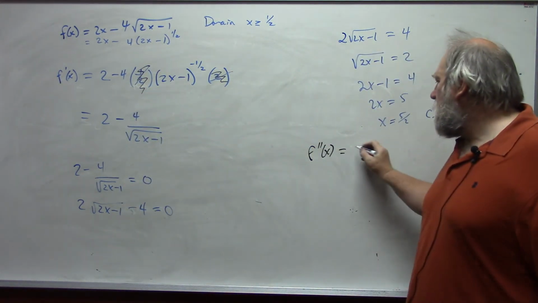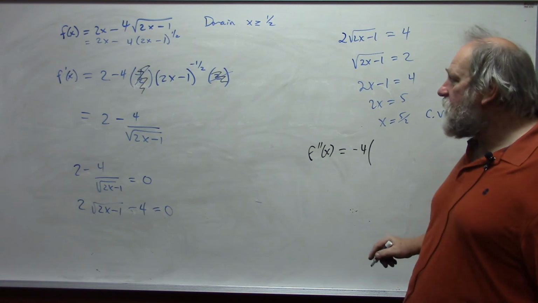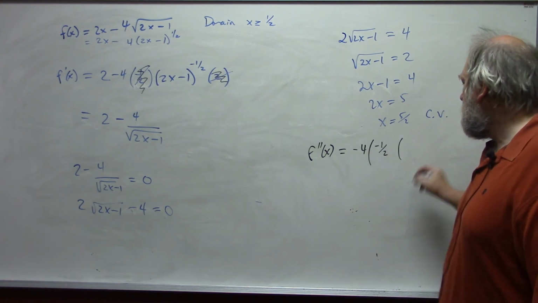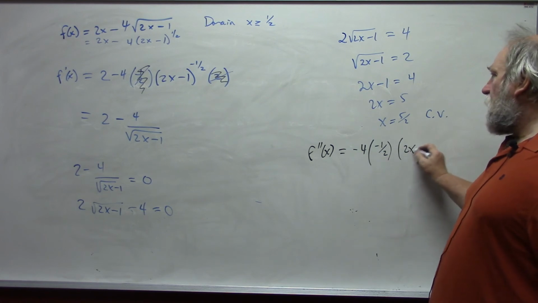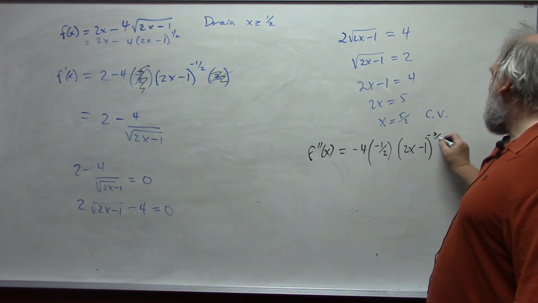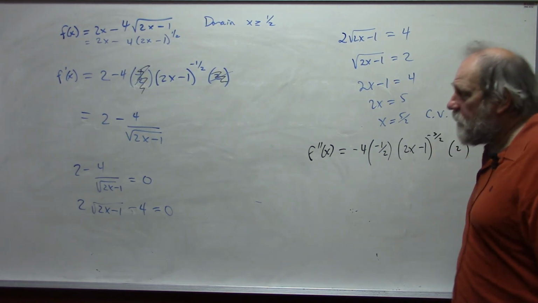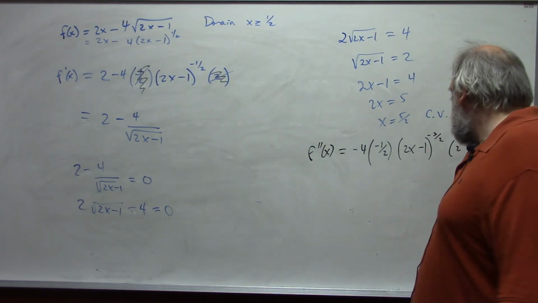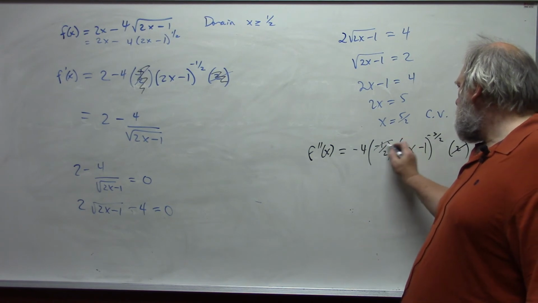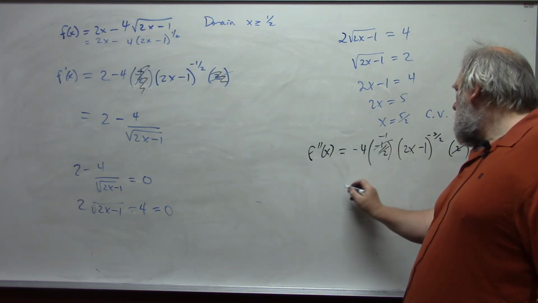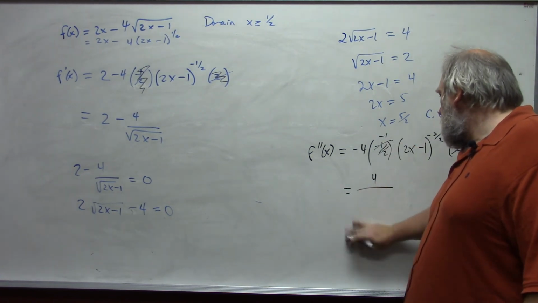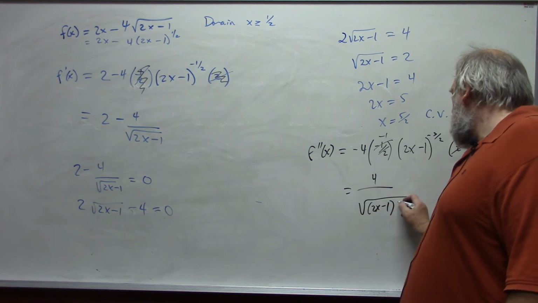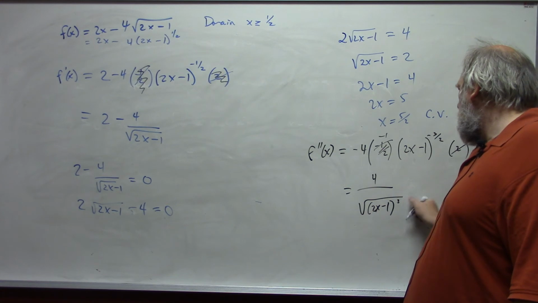I get negative 4 times negative a half, (2x minus 1) to the negative 3 halves times 2, which gives me then, and these kind of reduce, 4 over the square root of 2x minus 1 cubed when I rewrite it.